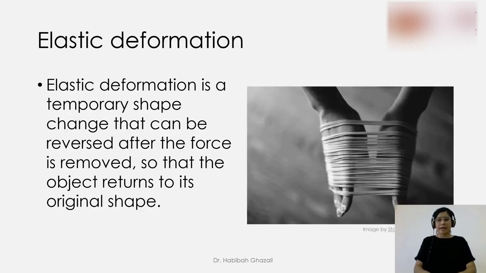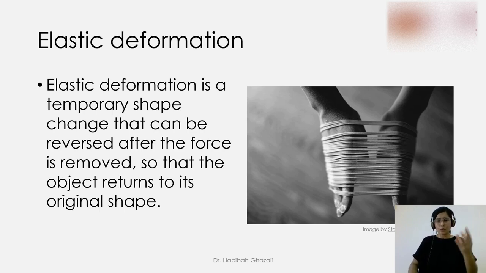Just like a rubber band, when we stretch it, it elongates, and after we release it, it goes back to its original position. The applied force is not enough to change the structure of the material, so it is still working in its elastic region.